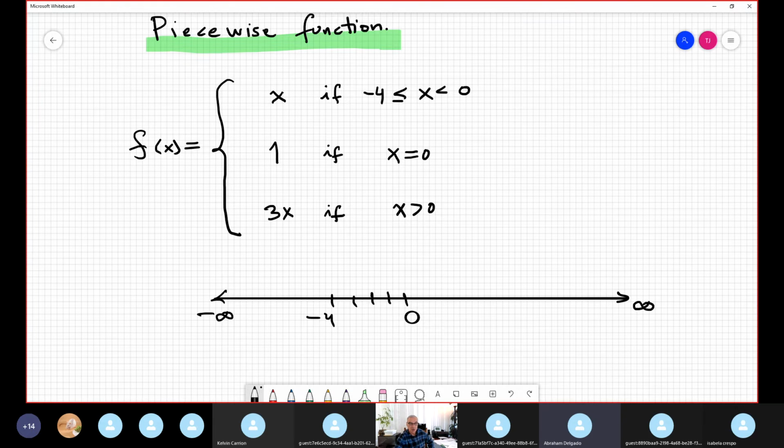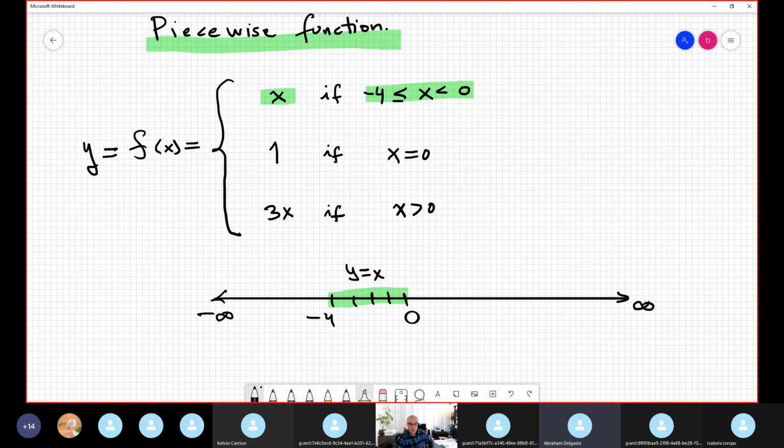Because I do not define in my piecewise function any value for -5, -6. So this interval corresponds with this expression. So now the y value of the function is equal to x, y equal x, in this piece.